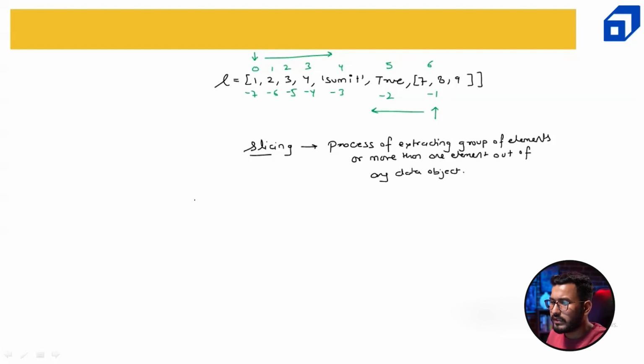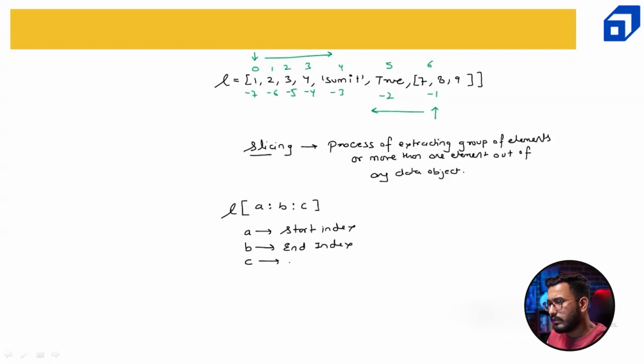So if I have to perform slicing, I'll say L of A colon B colon C, where L is my variable name, A is your start index, B is your end index, and C is your step size.